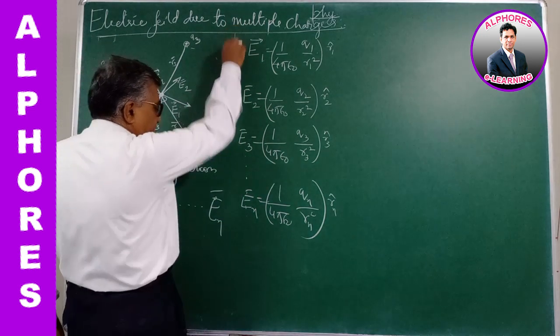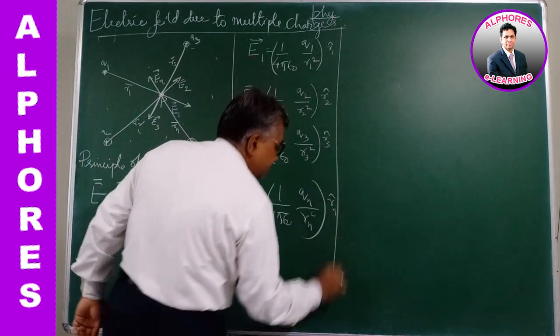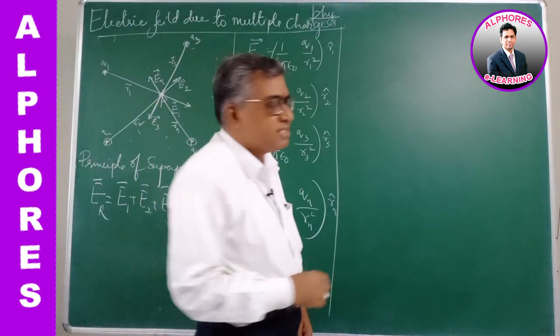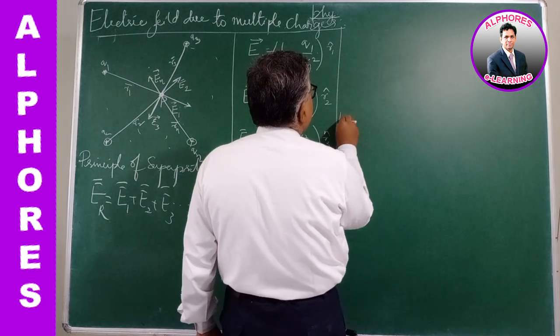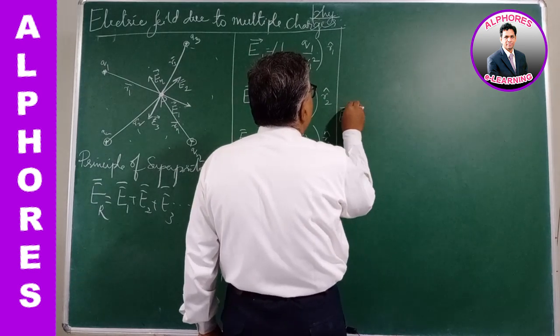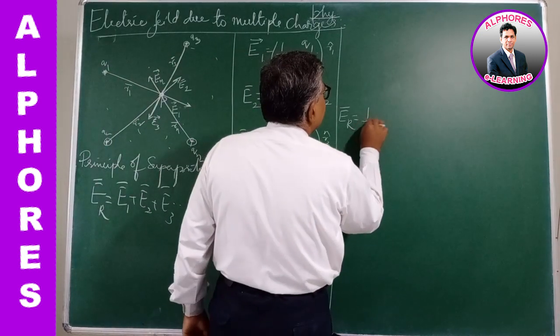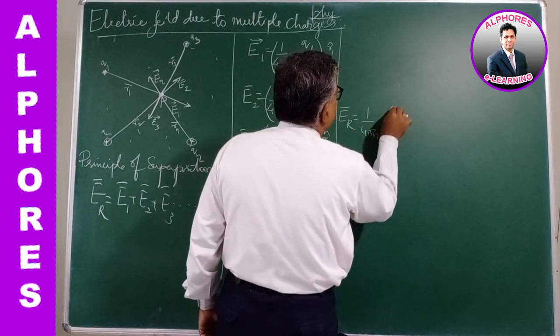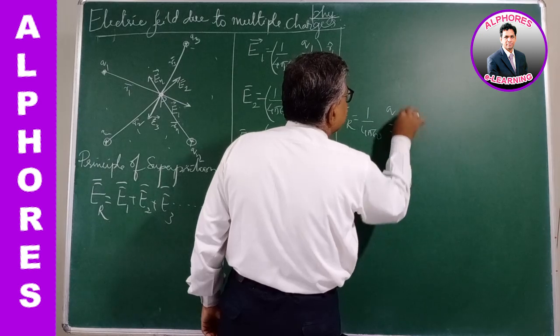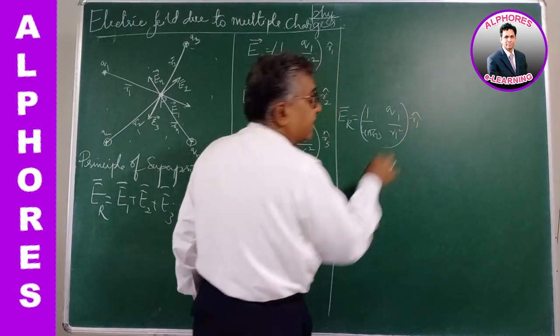So now substituting, we get the resultant electric field ER bar equal to, first, E1 bar, which is 1 by 4 pi epsilon naught Q1 by R1 square times R1 cap.